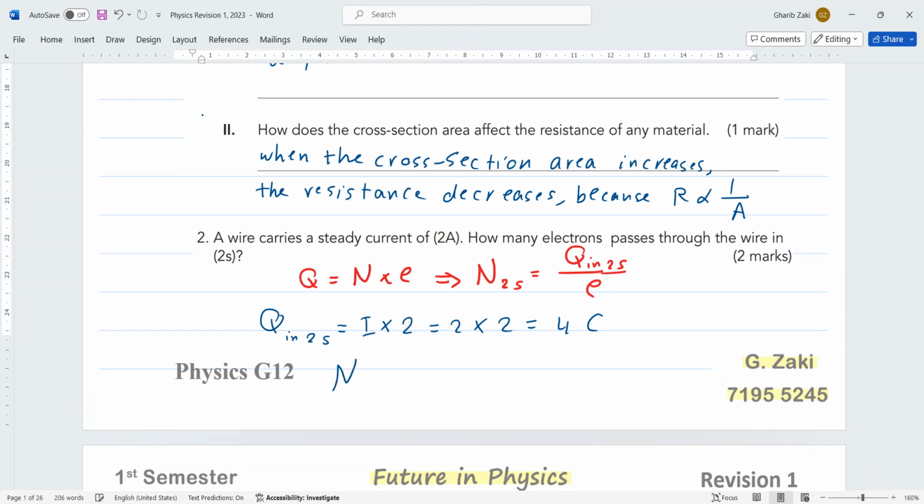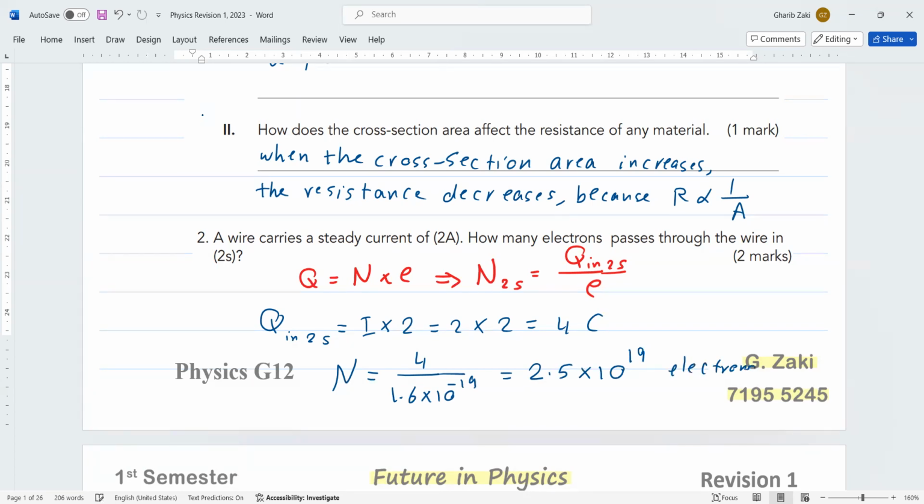Then the number of electrons that pass through the wire in 2 seconds equals 4 divided by the charge of 1 electron, which is constant, 1.6 times 10 to the power negative 19. Use your calculator to get the answer. The answer will be 2.5 multiplied by 10 to the power 19 electrons.